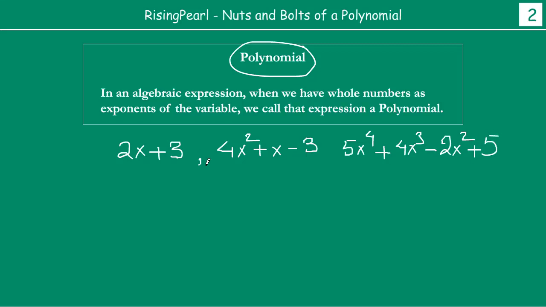So ये जो हमने तीन algebraic expressions लिखी हैं, you can notice that the first expression has a variable term and a constant term, right? जो second expression है, यहाँ पे we have three terms, 1, 2 and 3. जो first term है, जो second term है, they contain the variable and the third term has a constant. जो third expression है, we have 1, 2, 3 and 4 terms in this.